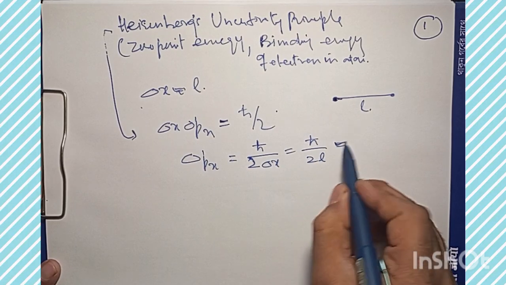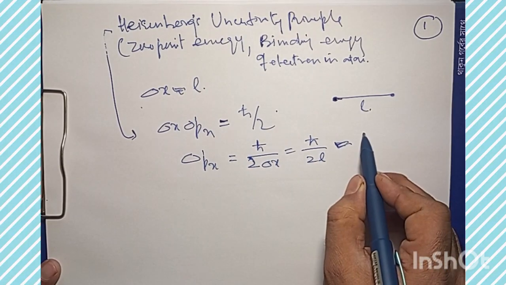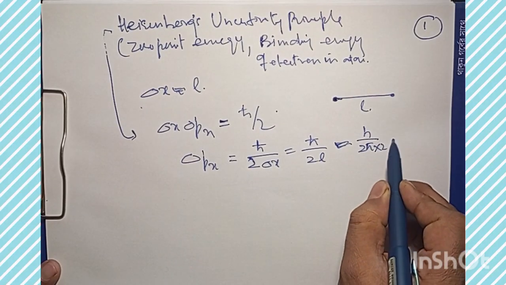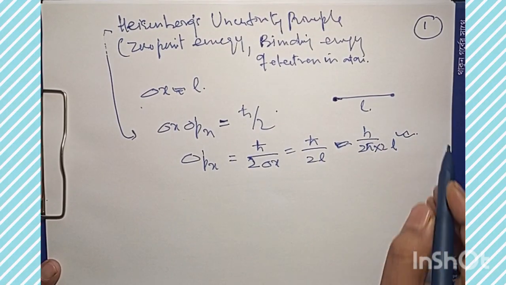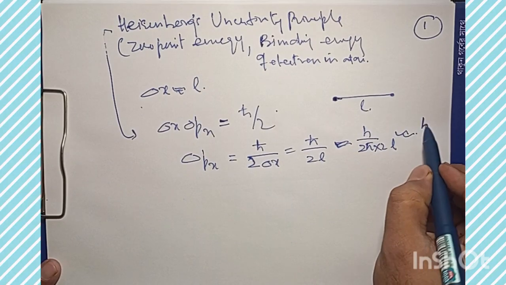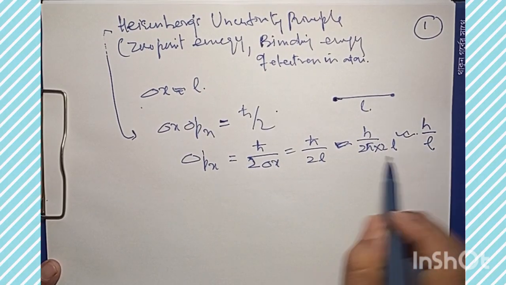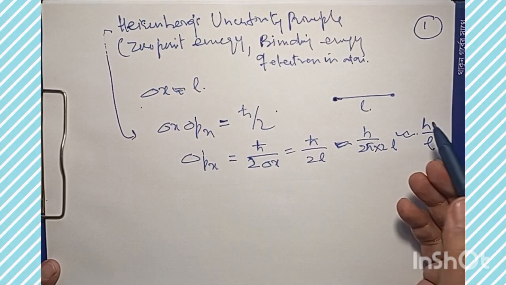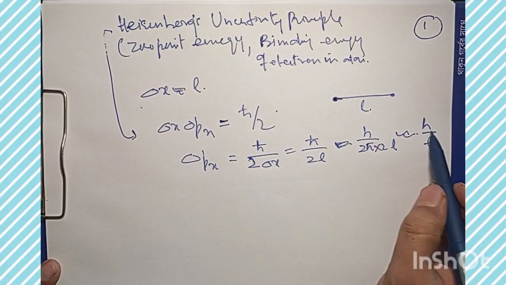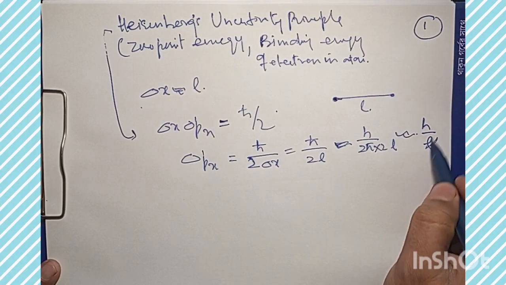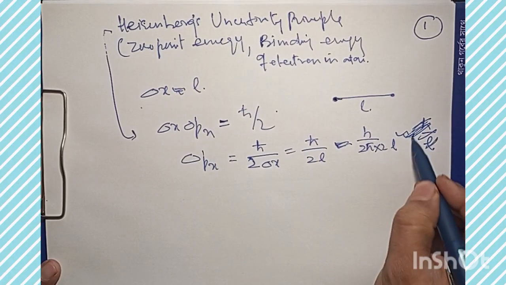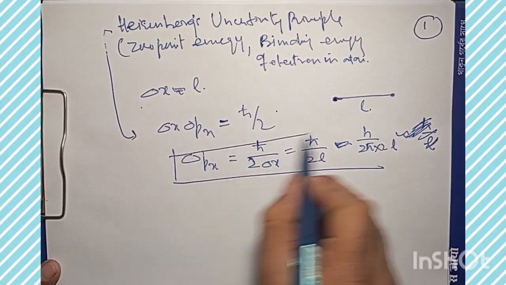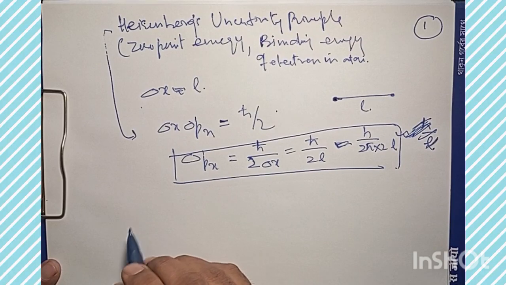For h bar, we have h by 2 pi, so h by 2 pi times 2L, which is nearly equal to h by L. Avoiding these constants, we can also write it in the form of h bar. There's no problem. So this will give us the uncertainty in the measurement of its momentum.